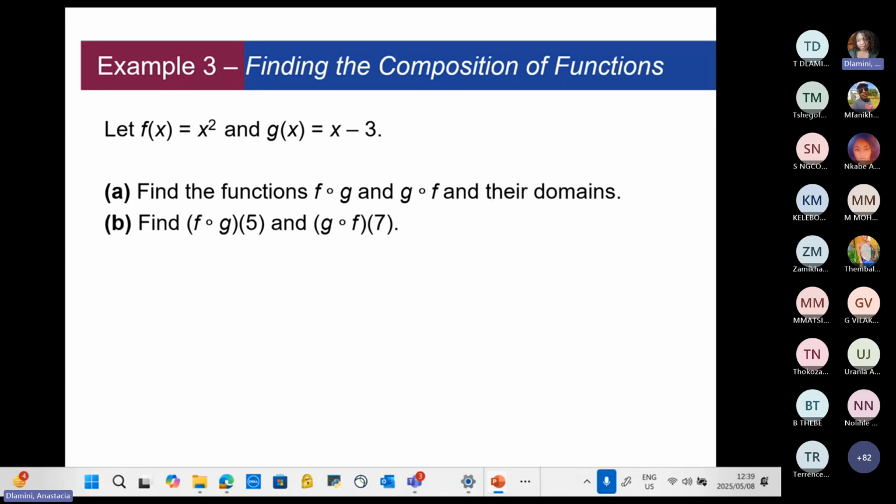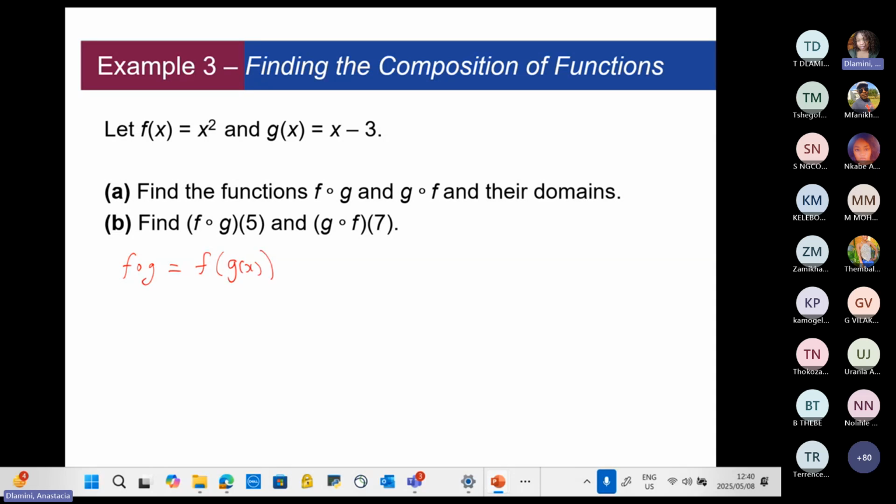They're saying find the composition of this and that, so they want you to find f composed with g. When you're composing, you're taking one function and putting it inside the other function. Which one is the inner function? Is it f or g in this case? g. There we go. So f, then put in g of x.